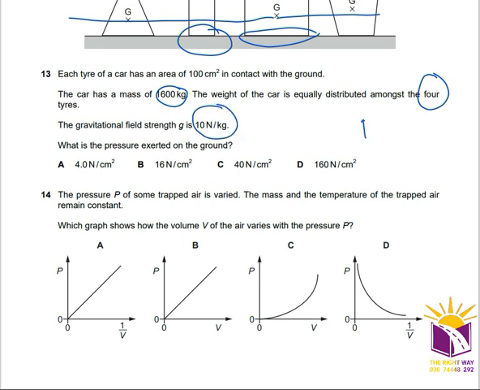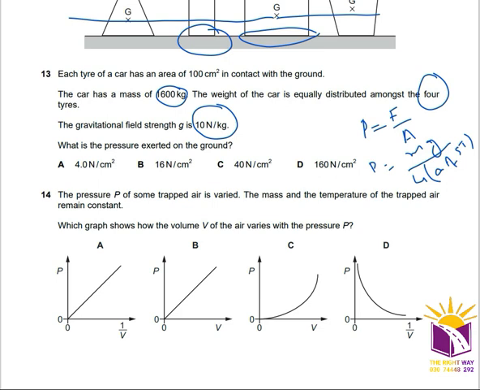So pressure will be equal to force per unit area. Here force will be equal to the weight of the car, W, which is equal to mg, divided by the total area, which is 4 times the area of a single tire.